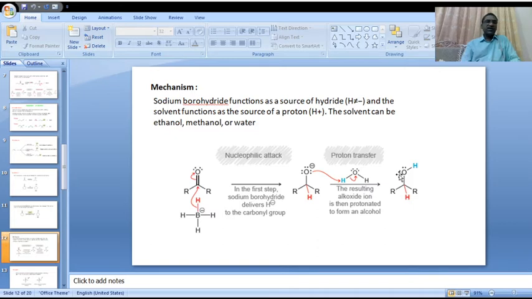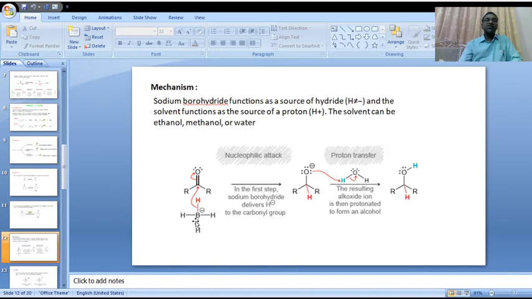Sodium borohydride functions as a source of hydride. It is a source of hydride, H minus ion. And the solvent here... so, borotetrahydride.